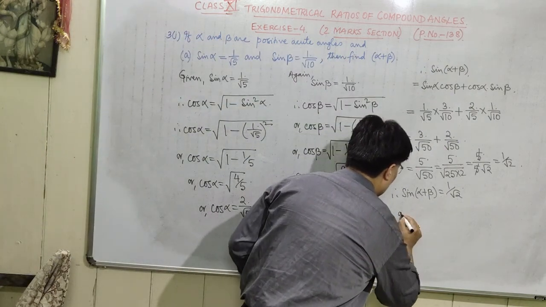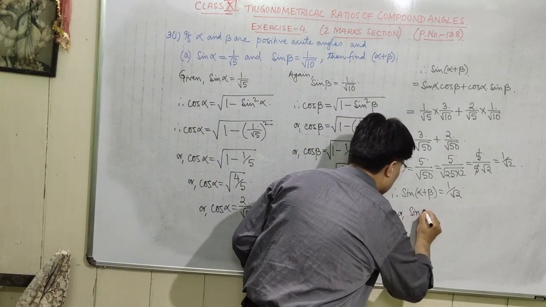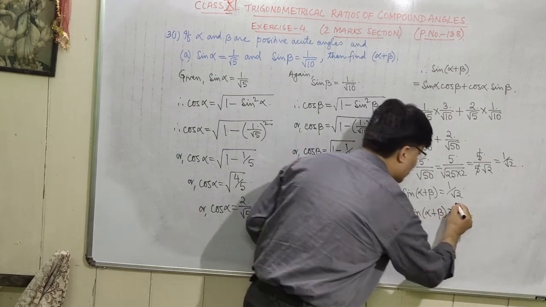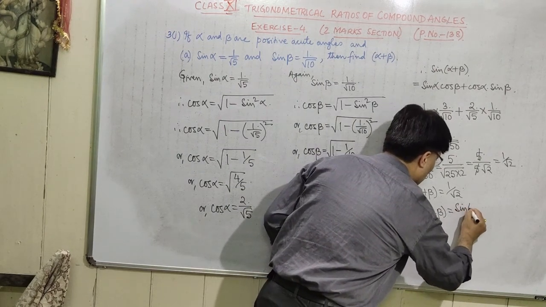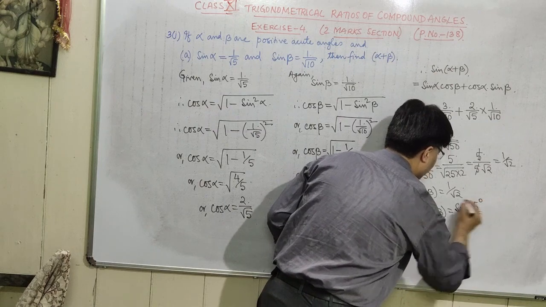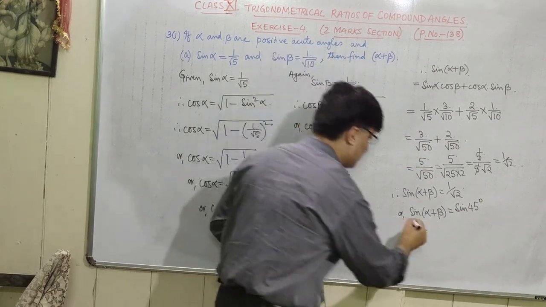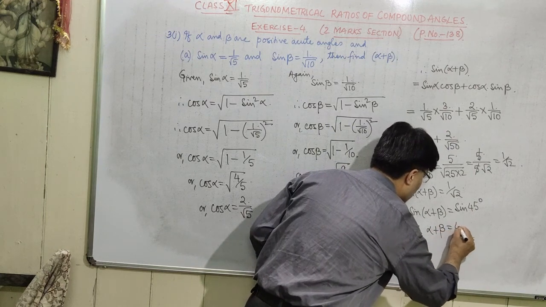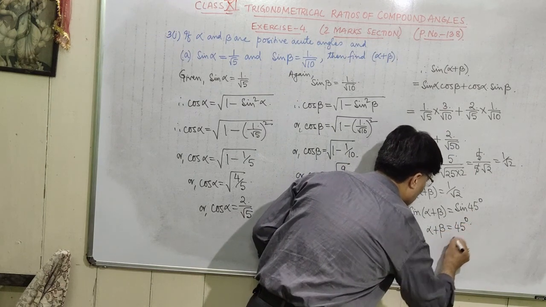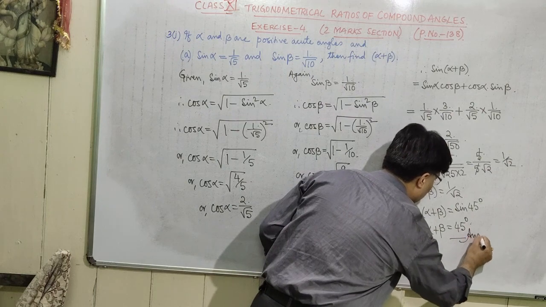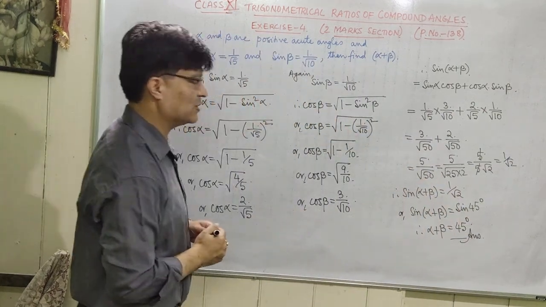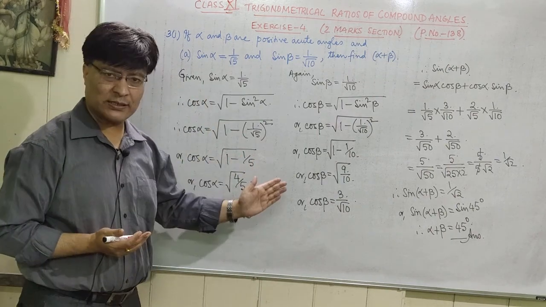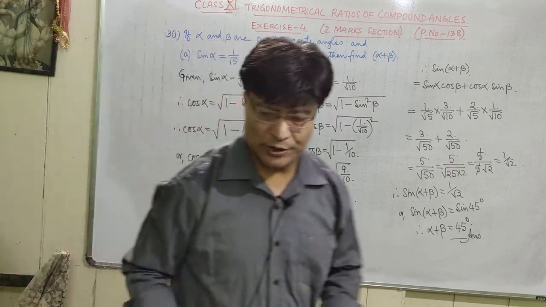So sine of alpha plus beta is equal to sine 45. From both the sides you can cancel sine. So alpha plus beta is equal to what? It is 45 degrees. So this is the final answer. I think you have understood it, so you can copy it. Now we'll do the next question.